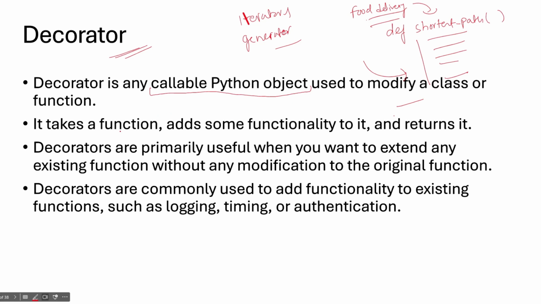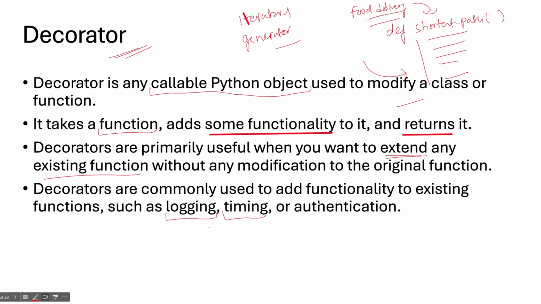Generally it takes a function, adds some functionality to the existing function and returns it. So a decorator's main job is to extend the existing functionality. These are mainly used for logging also. If you want to calculate the time of a program, you can also use a decorator.